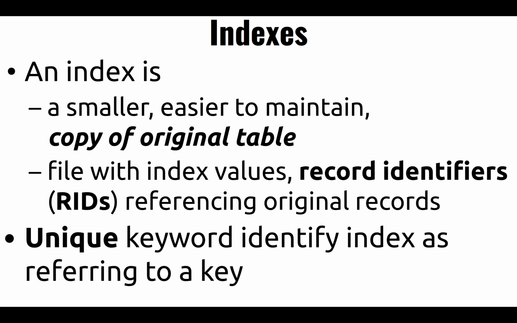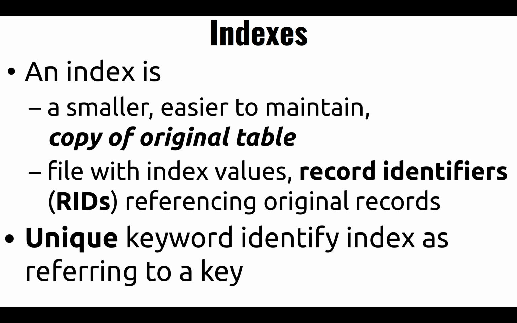Instead, I'm going to find a reference of where in the file system, what file, what block, I can actually go and retrieve the original record, and then bring it back into memory. And we can have multiple indices, right? One index on the last name, another index on the phone number. Both of them smaller versions of the original table.